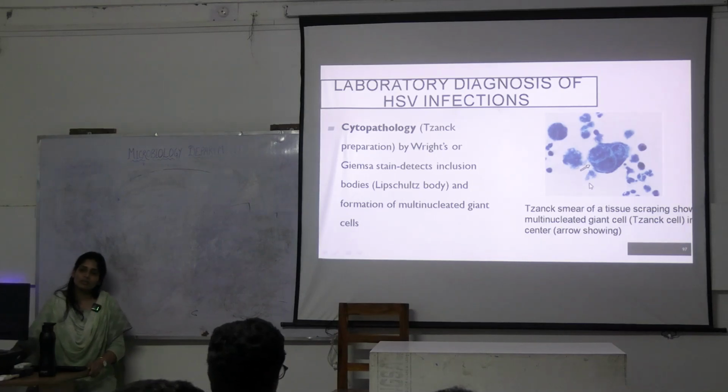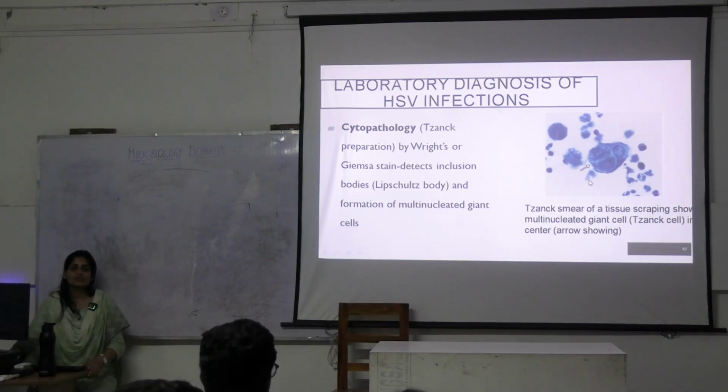What do you mean by inclusion body? It is basically a protein aggregate which was formed because of the viral pathology. These multinucleated giant cells you will be able to see. This is a Tzanck smear from the tissue scraping which was infected. So we'll find inclusion bodies in pathology.